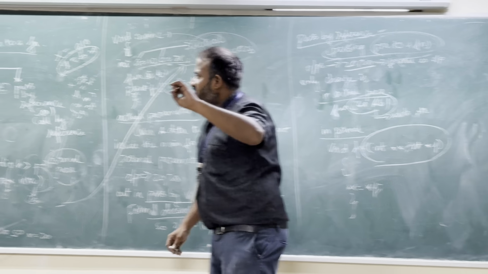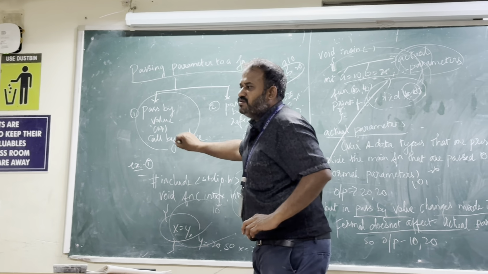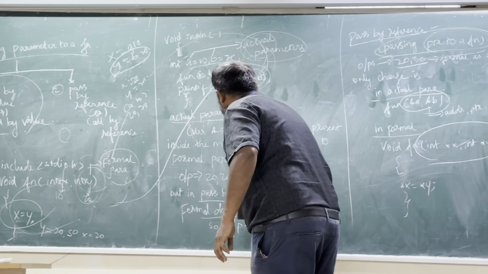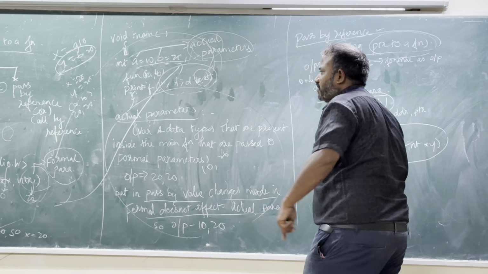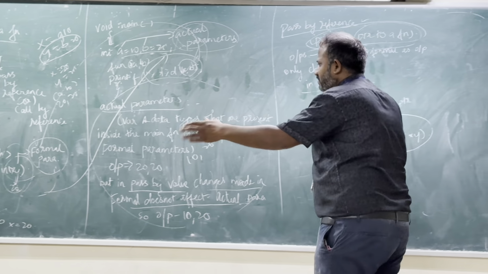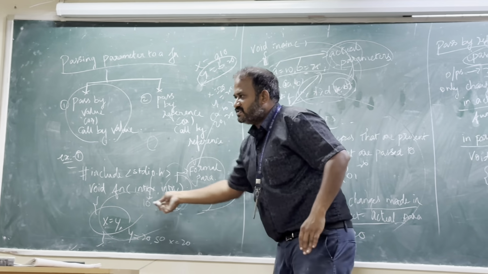So in the exam, if they ask you pass by value or call by value, just write this example and write this statement. Same if they ask for call by reference, just write this example. The example is the same, except you have to add the ampersand symbol and the star symbol.